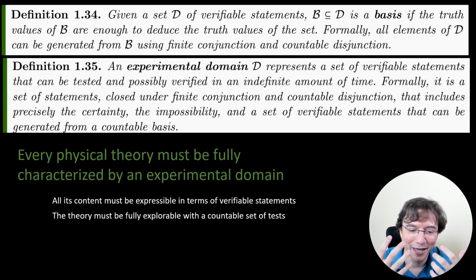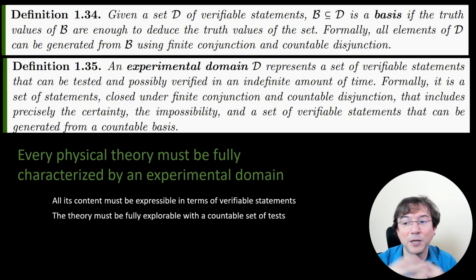And the consequence we have is that every physical theory, at the end of the day, must be fully characterized by an experimental domain, because it must be evidence-based. So all the statements must be related to verifiability, and this is the best we can do, so every theory has to fit this.